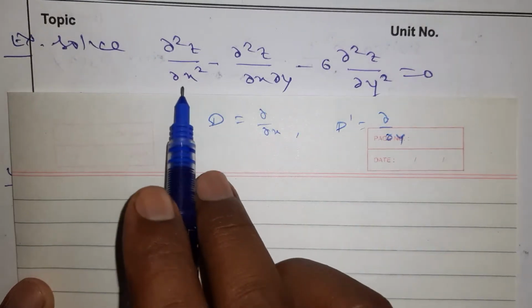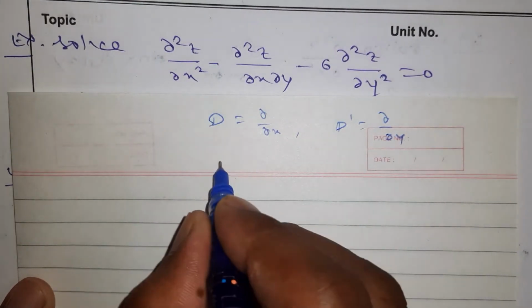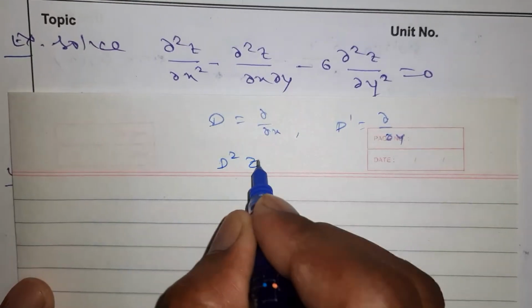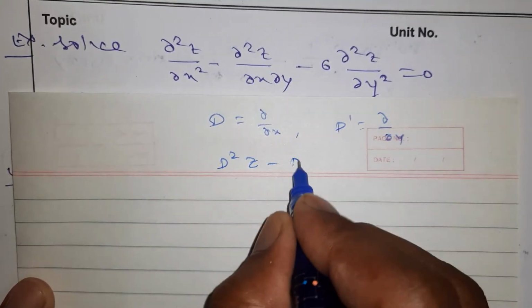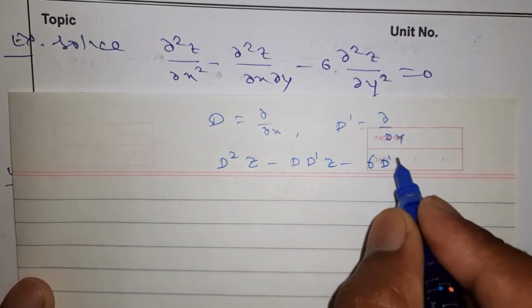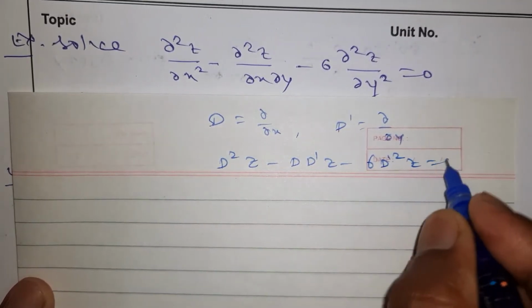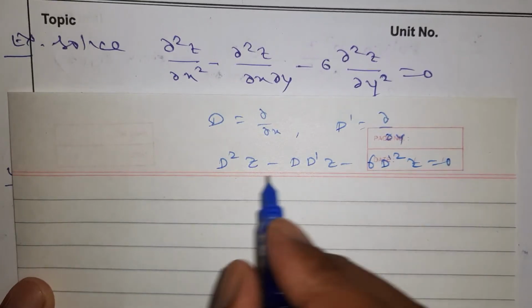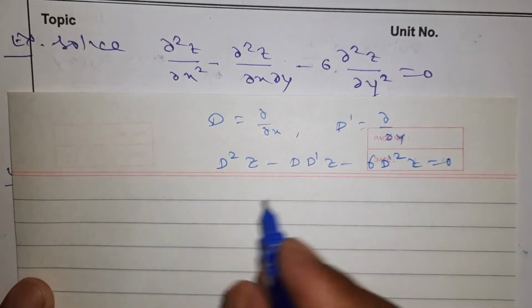So this equation becomes D²z − D'z − 6D'²z = 0. Correct? Take z common and write down the coefficient.